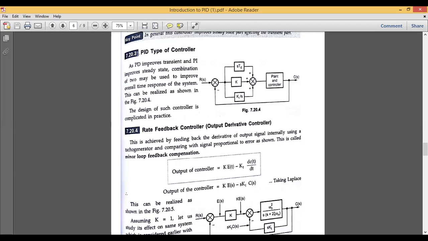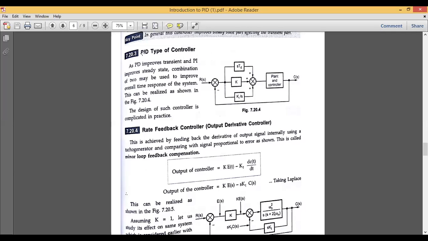So I should go together with a proportional constant, just like 1 plus 1. So it is a combination of proportional integral, which is one part, and the other part is proportional derivative. They are two different concepts. When I include the integral, I go with the integral part, and when I take the derivative, I go with the derivative part.